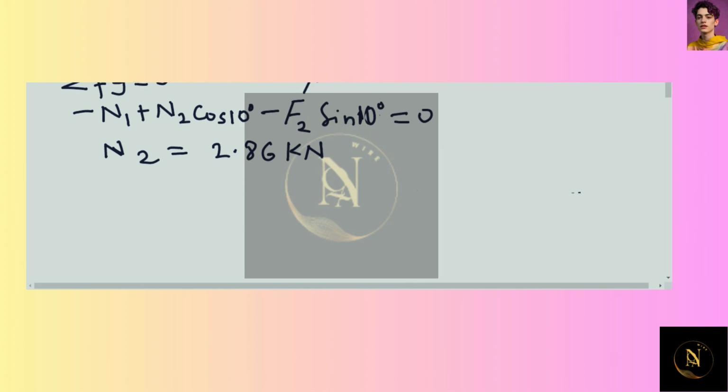Then you can consider equilibrium in the x direction for that same bottom wedge, equal to zero, so that when you solve this, you arrive at your P, the minimum force going towards the right, moving that wedge towards the right.